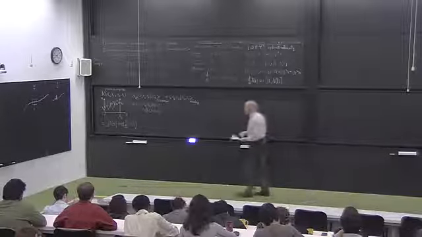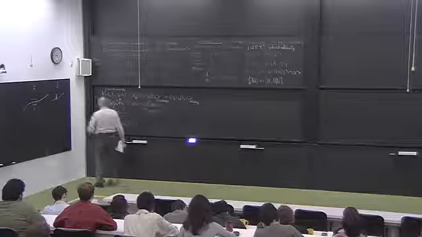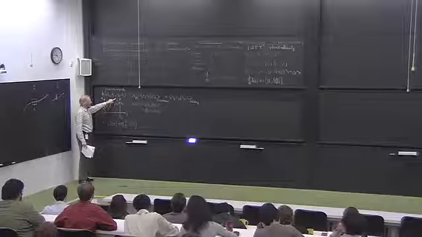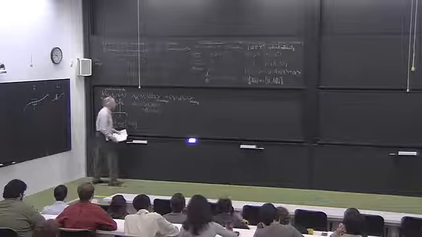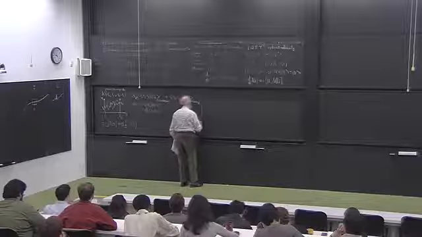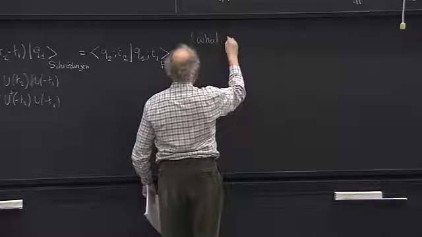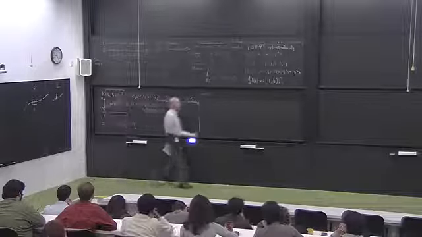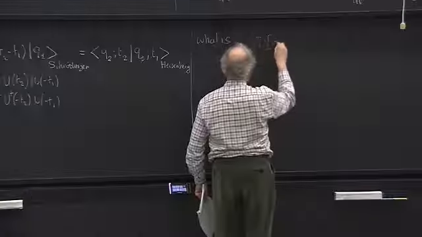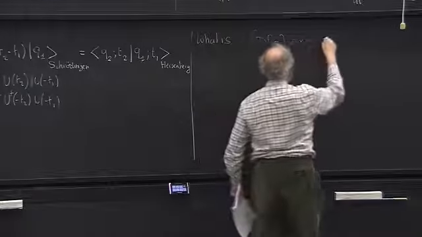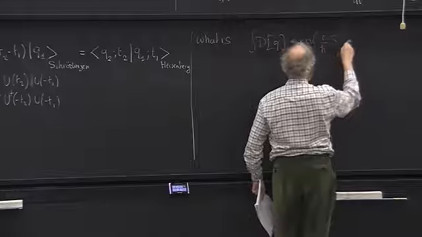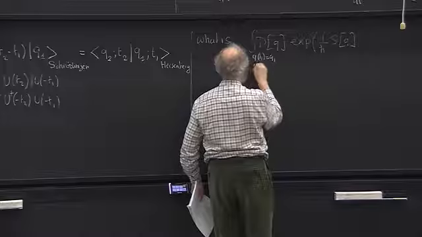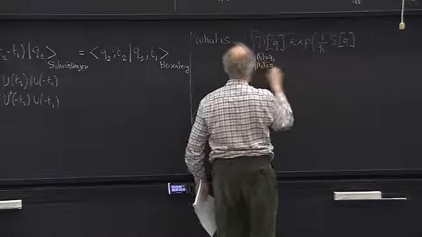Now, this is a probability amplitude, but let us ask about a different object, which is the same functional integral, the integral Dq of exponential of i over h bar S[q], with this initial and final boundary condition.